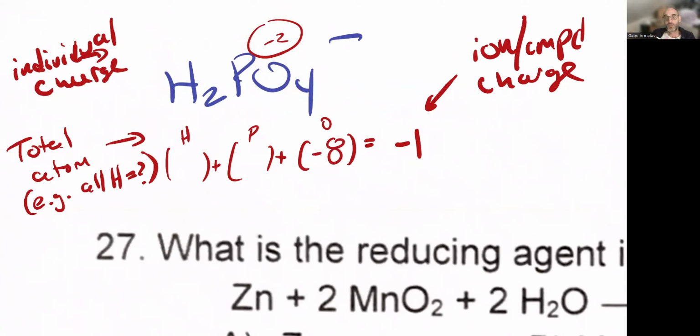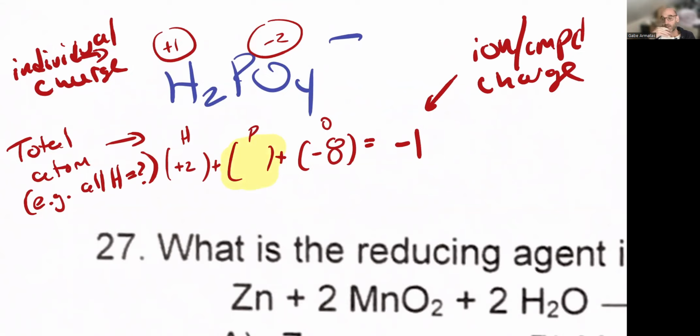Out of the hydrogen and the phosphorus, I trust hydrogen more because it's on the edges of the periodic table. Hydrogen is going to be +1. I have 2 hydrogens, so the total charge for hydrogen is +2. So now it's a matter of what has to go here in order to make the rest of this math equation true.